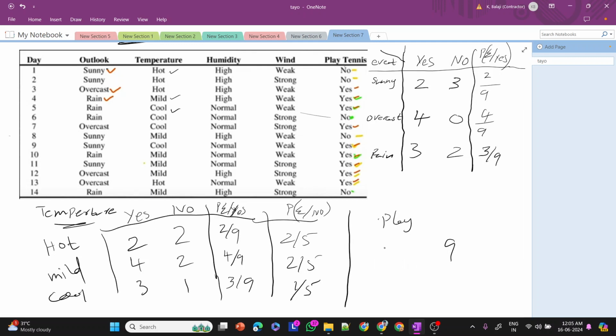He has played a game 9 times, total 9 times, and totally he does not play the game 5 times. Let's compute the probability of playing a game or not.